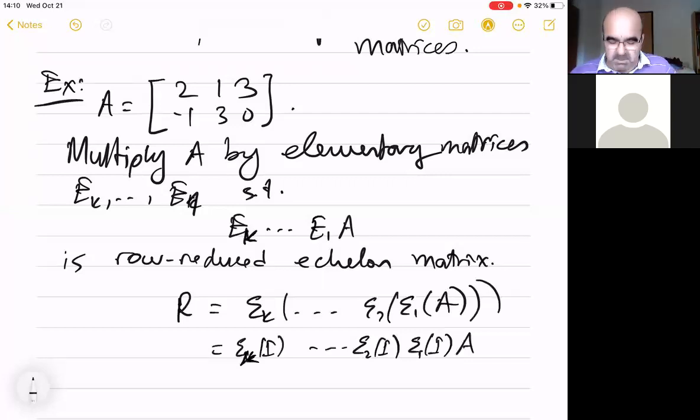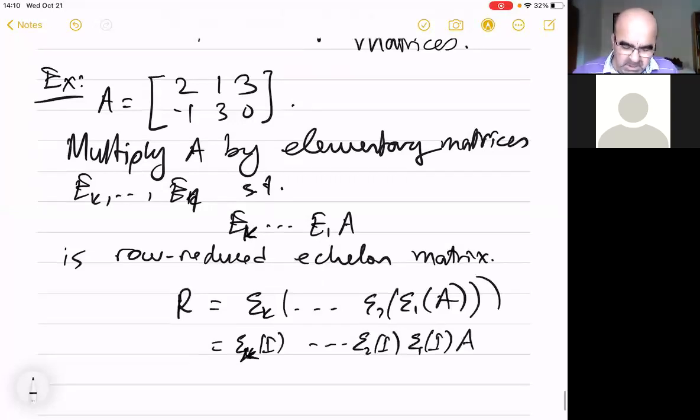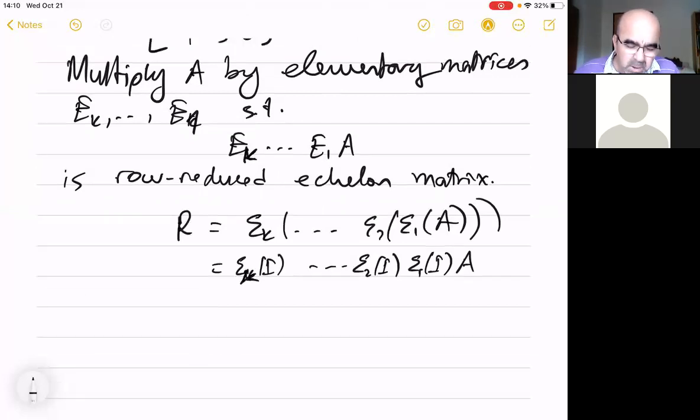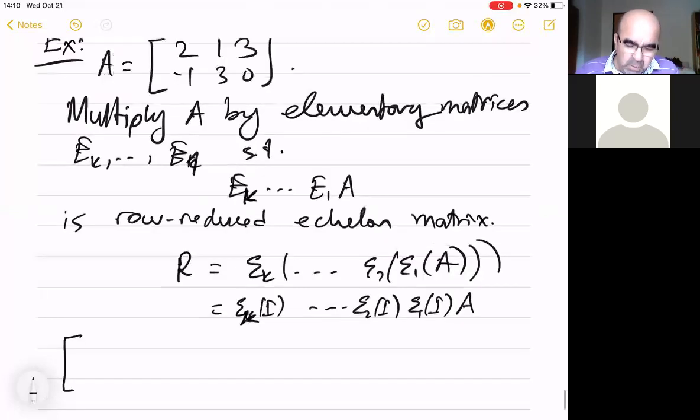Now, let's find these matrices. So A is 2, 1, 3, minus 1, 3, 0. I want to get this matrix into a row reduced echelon form, but at the same time, together with this matrix, I will apply the same operations to the identity matrix.